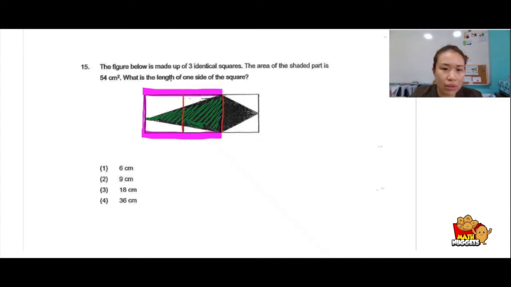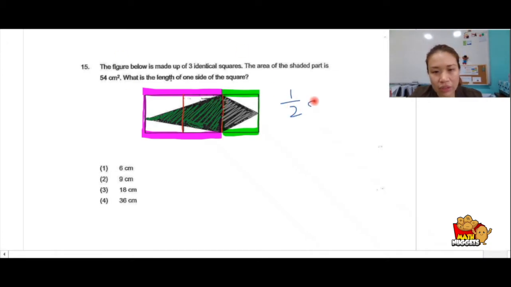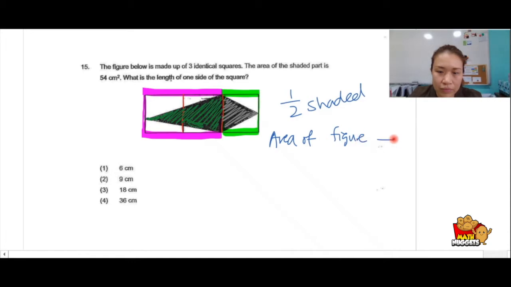Now we look at this gray color triangle now. This is actually half of the green square. So essentially this means that the whole figure is half shaded. So if it's half shaded, to find the area of the whole figure, is 54 times 2, which is 108.